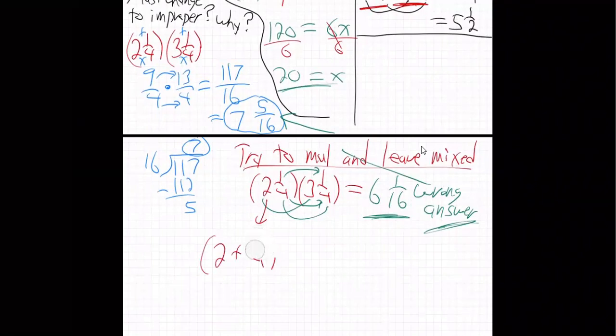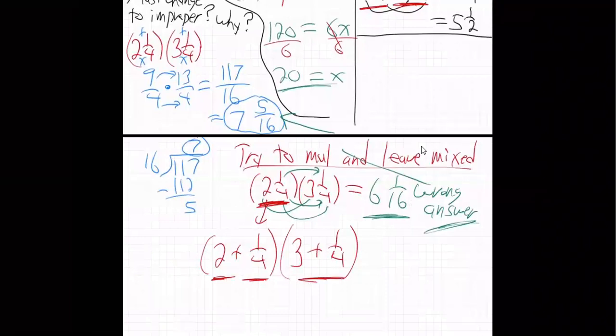If I ate 2 1/4 candy bars, that would be 2 plus a fourth. We all know what that means in the real world, right? And if I ate 3 1/4 sandwiches, then that's 3 plus a fourth. So that's what you're really multiplying.